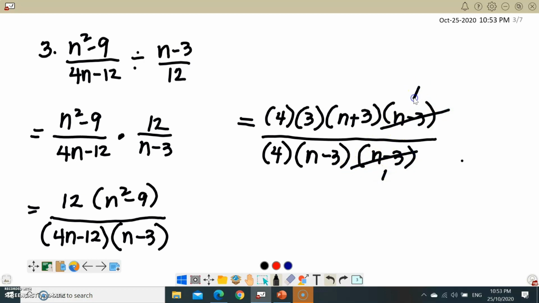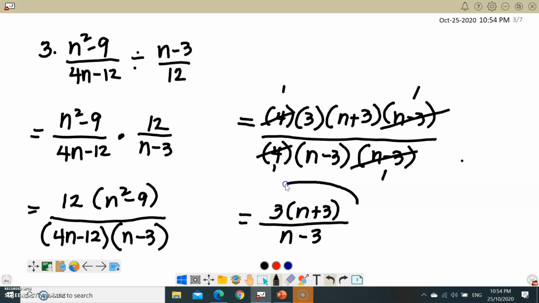The quotient is 1. We cancel 4 and 4. The quotient is 1. And we now have 1 times 3 times n plus 3 times 1, which is equal to 3 multiplied by n plus 3, over 1 times n minus 3 times 1, which is equal to n minus 3. So the quotient of n squared minus 9 over 4n minus 12 divided by n minus 3 over 12 is equal to 3 multiplied by n plus 3 over n minus 3.